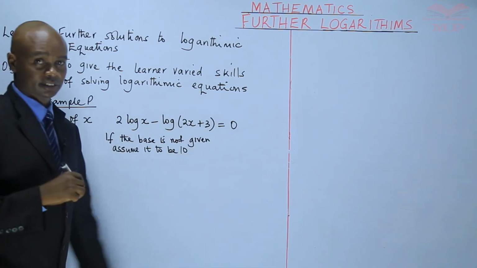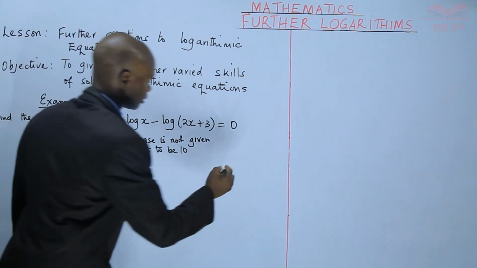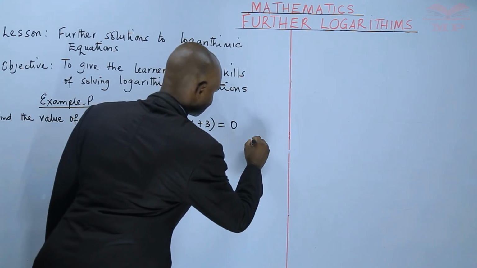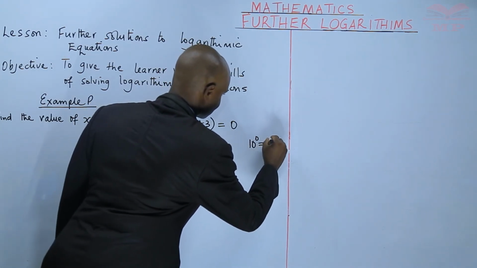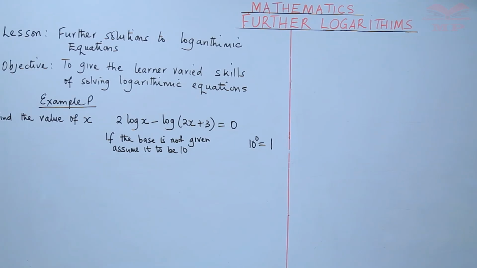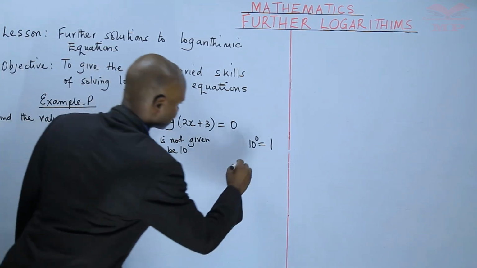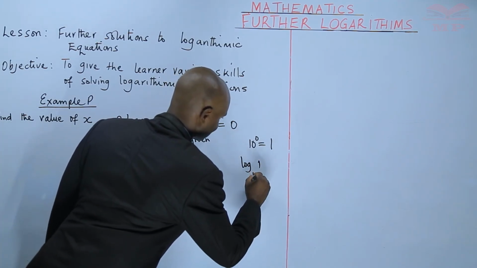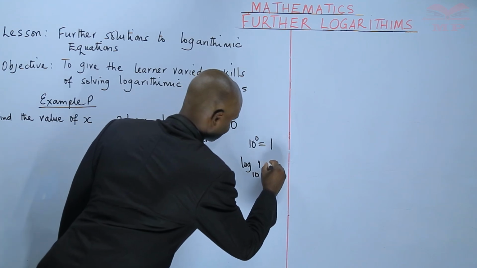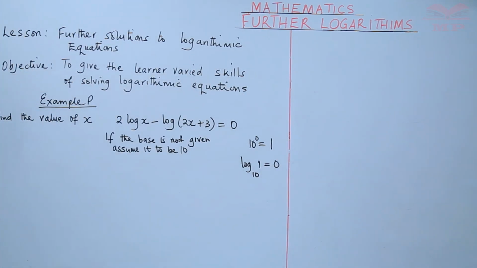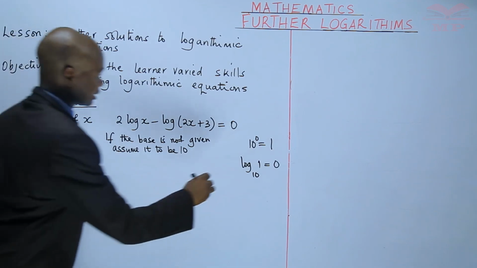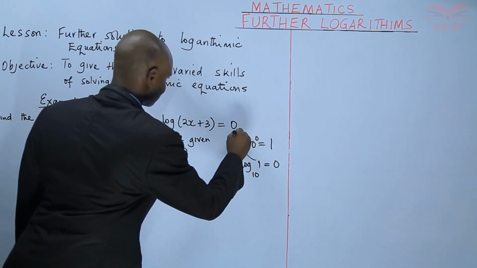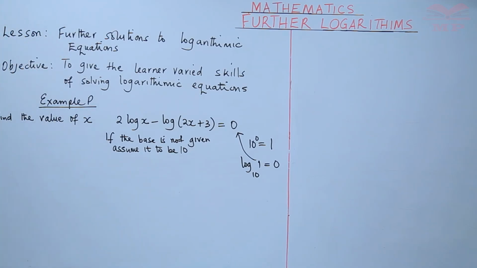So I want to deal with that zero. Initially we saw 10 raised to 0 is 1, meaning that the logarithm of 1 to the base 10 is equal to 0. So when we write that, this will replace that 0.